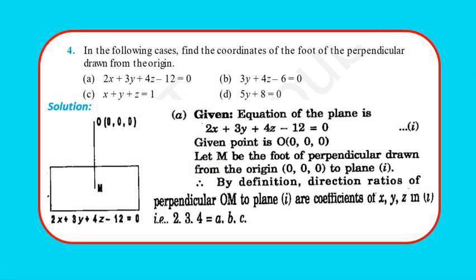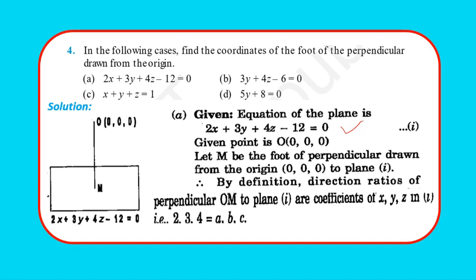Moving to question 4. In the following cases, find the coordinates of the foot of the perpendicular drawn from the origin. Again we have four parts. I am solving the first part for you, that is the equation of the plane is 2x plus 3y plus 4z minus 12 equals 0, and we have to find the foot of the perpendicular drawn from the origin.